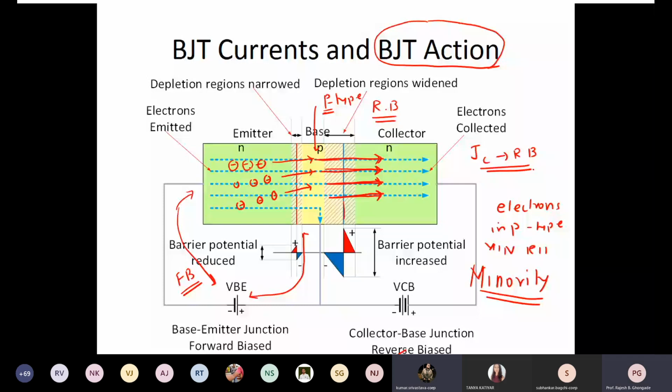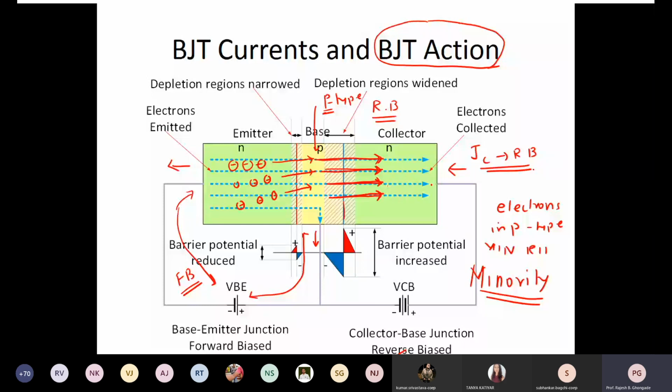Now another interesting thing happens, which is actually the second part of BJT action, and that is if I am able to control somehow the base current. So how will the current look like in this case? It will look like this, because the electrons are flowing in the opposite direction, no? So external current, conventional current.